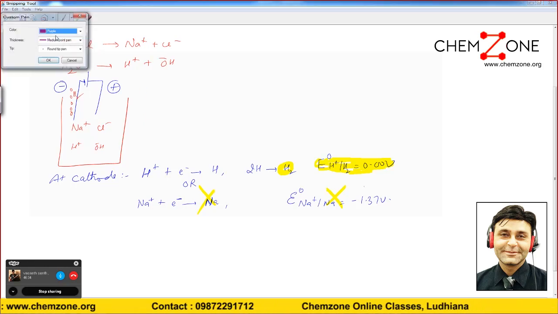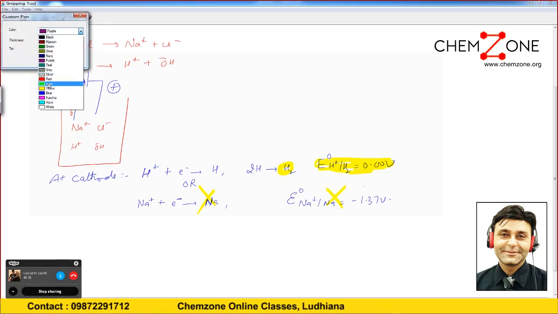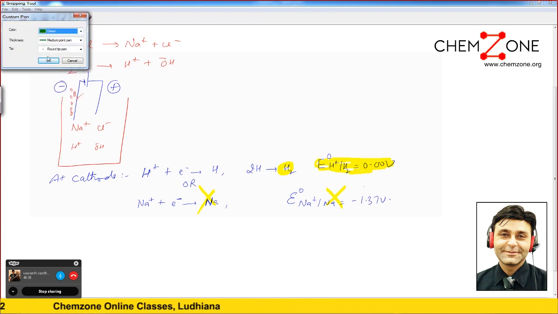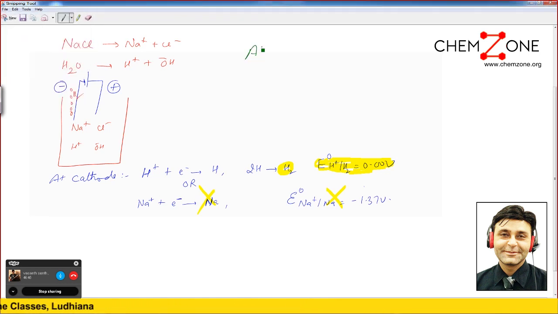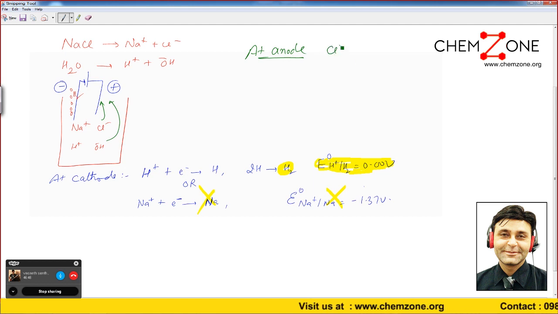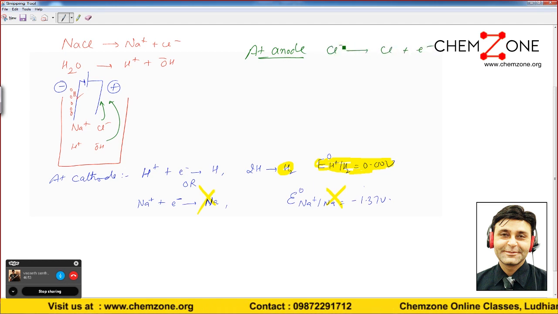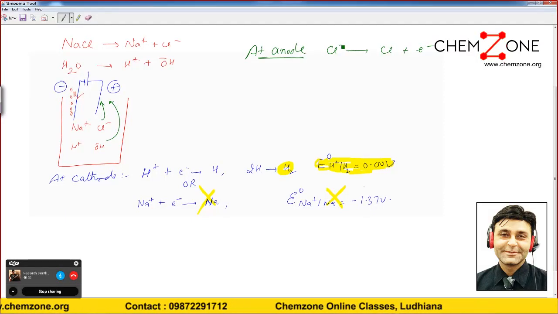Okay. And now we go to the anode. At anode, what will happen? Chloride ion and the OH ion both will be attracted. If the chloride ion is discharged, I am using the word discharged, meaning charge is getting over, so 2 chlorine atoms will combine to form Cl2 gas.